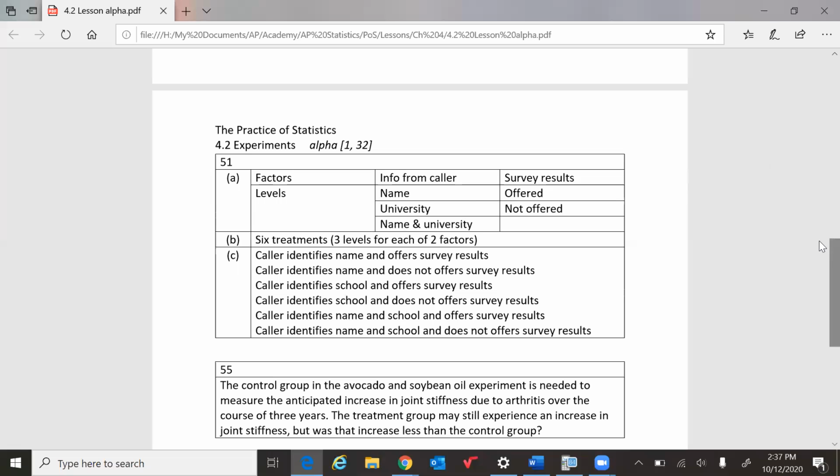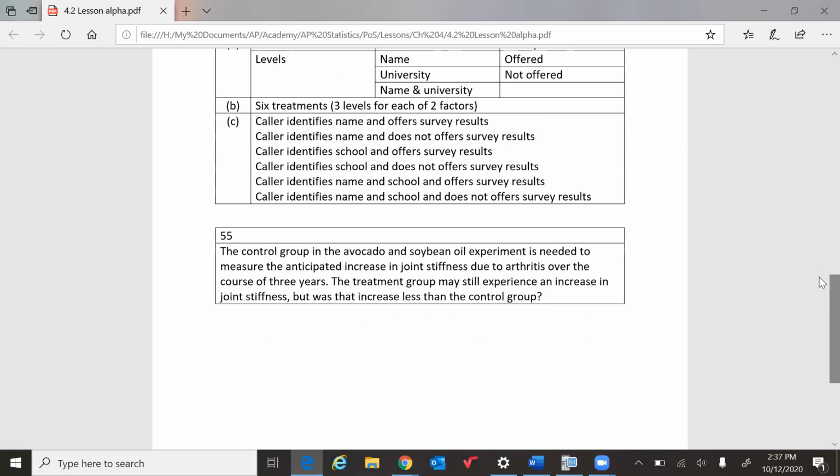And 55, which you were just to have read: you have this treatment for arthritis, and the treatment is avocados and soybeans. Well, you need a control group because this is over 3 years, and if people have arthritis, their symptoms are getting worse.